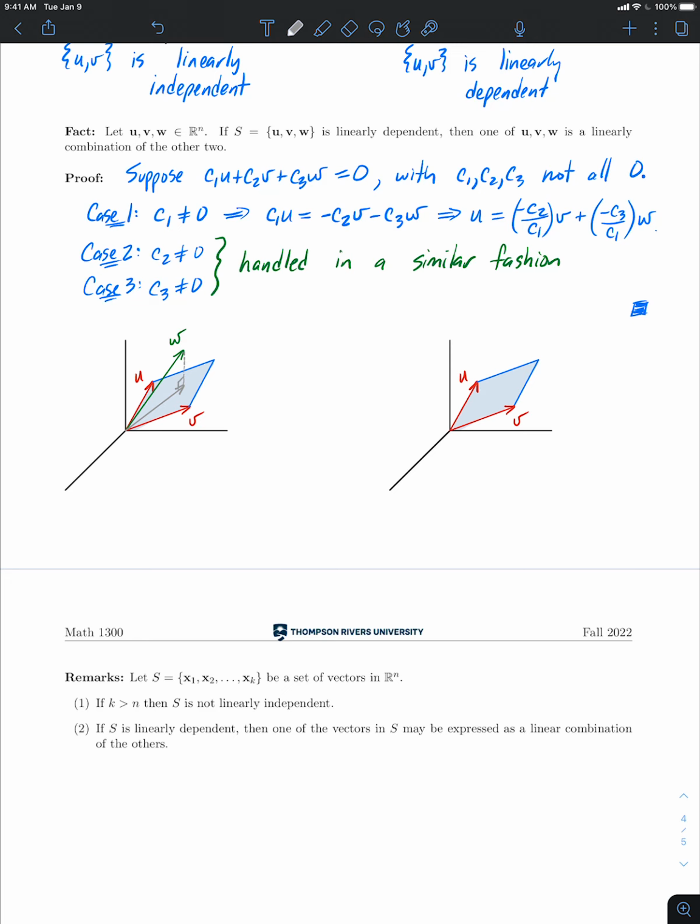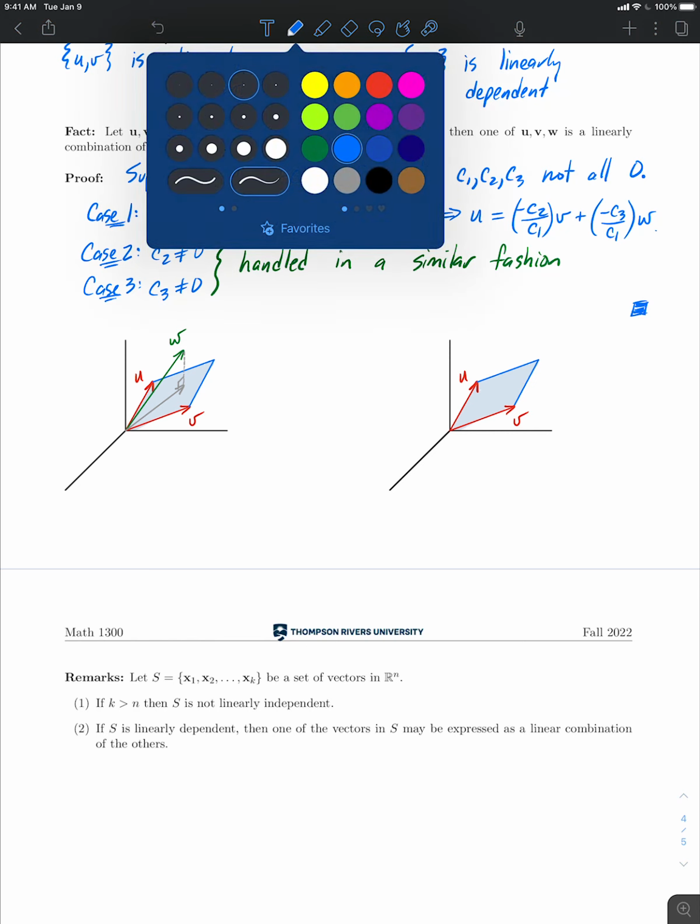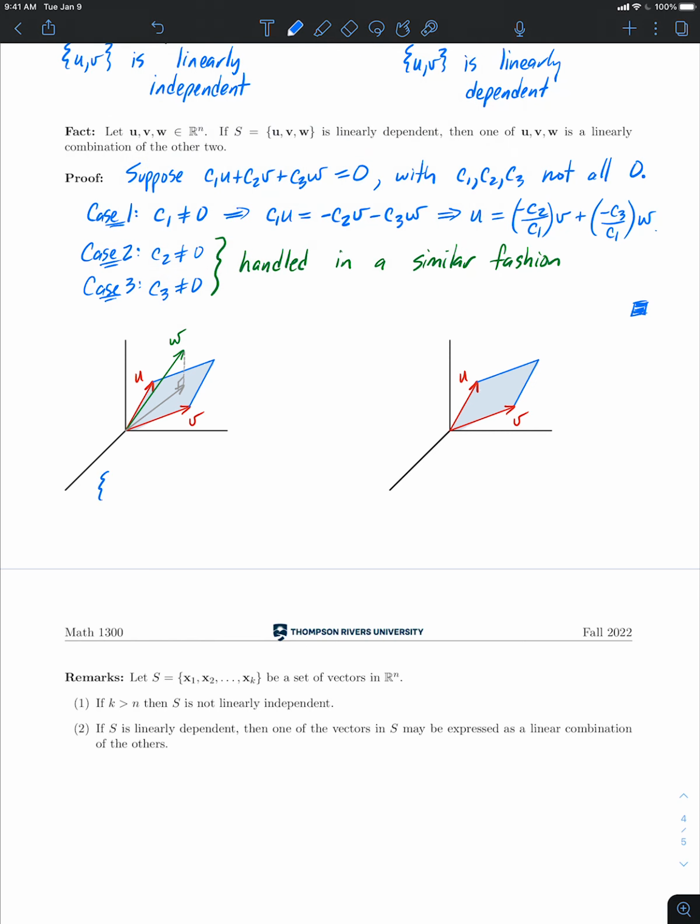So if w shoots up from the plane and points away from it and is not inside the plane, that means w is not in the span of u and v, which means it's not a linear combination of u and v, which means u, v, and w are linearly independent. So this is the case you should think about in your mind when u, v, and w are linearly independent.